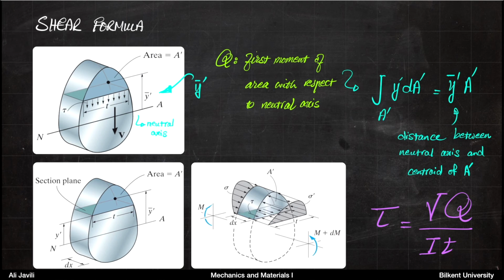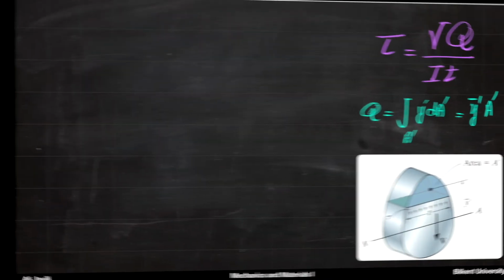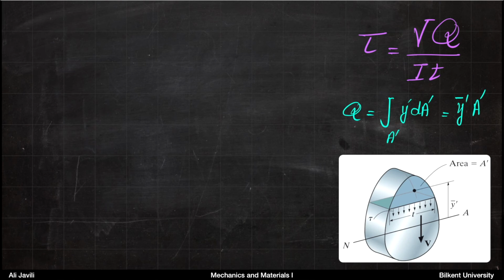You need to make sure that if you are interested in the shear stress at this specific height, you will be looking into the area that starts from that point all the way up. Okay, in summary, we have this. This is our shear stress formula. This is our first moment of area.